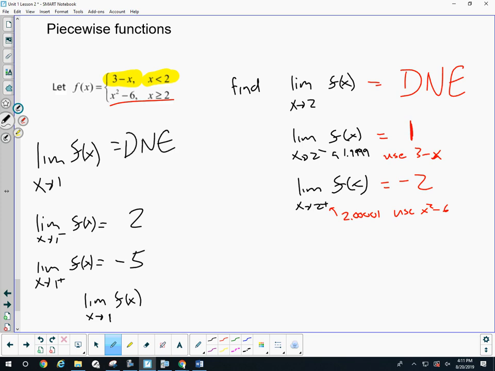But this is wrong, completely wrong, because when I'm using a value like 1, I am using only the top piece. I don't use the bottom piece whatsoever. So don't plug 1 into x squared minus 6. It's not being used. Just use 3 minus x. You would get 2 in both directions, which is why that's 2.